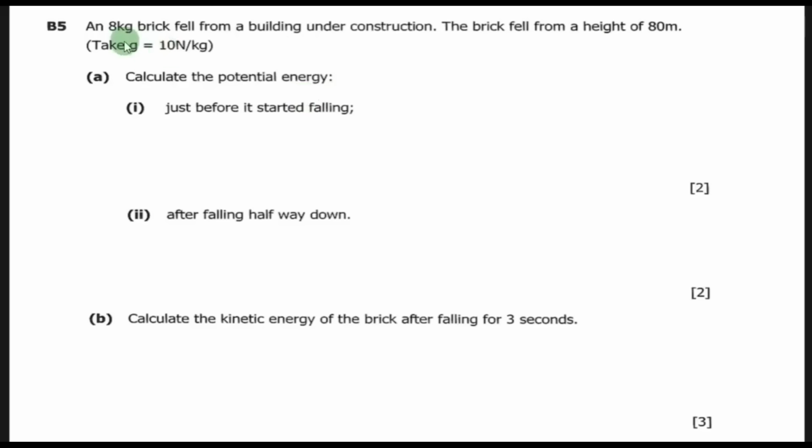So they are saying an 8 kilogram brick fell from a building under construction. The brick fell from a height of 80 meters. Take g to be 10 Newton per kilogram. Calculate the potential energy just before it started falling. Before it started falling, the height it was at was 80 meters.